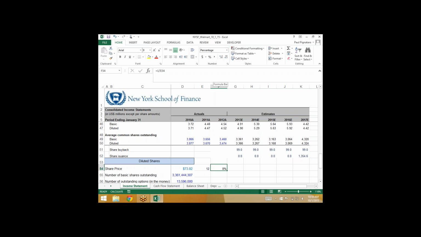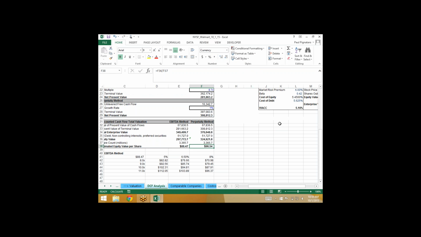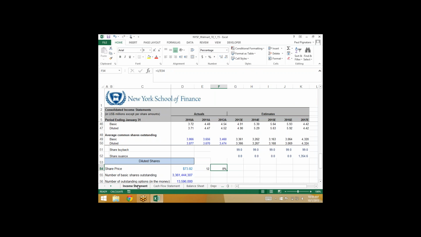What cost of equity did we actually calculate for Walmart? In our DCF analysis, we calculated a much, much lower cost of equity. It doesn't always work that way, but it's still higher than the cost of debt.